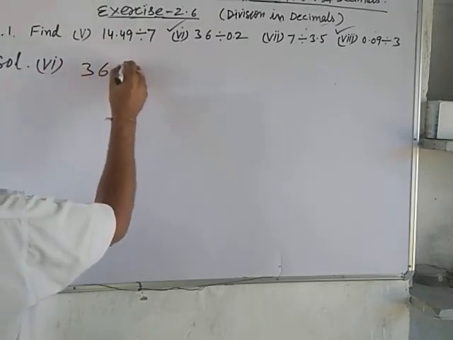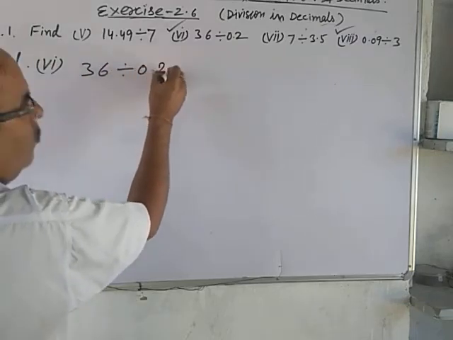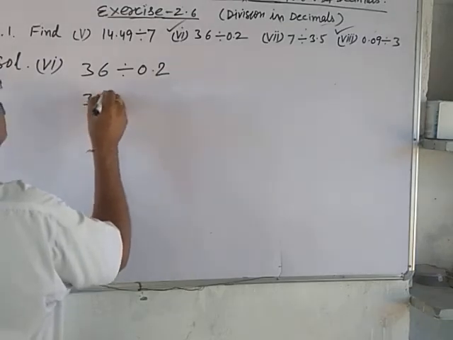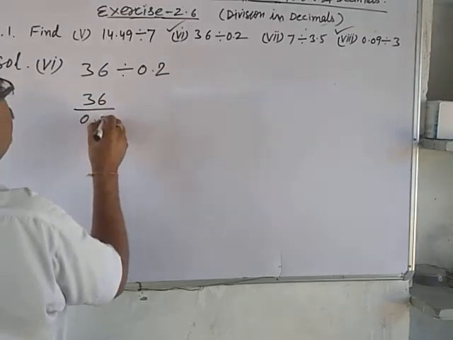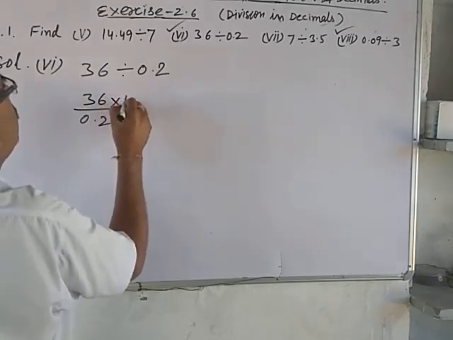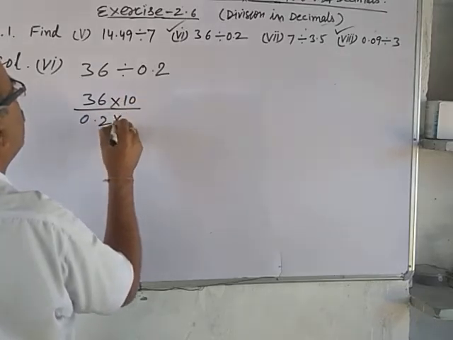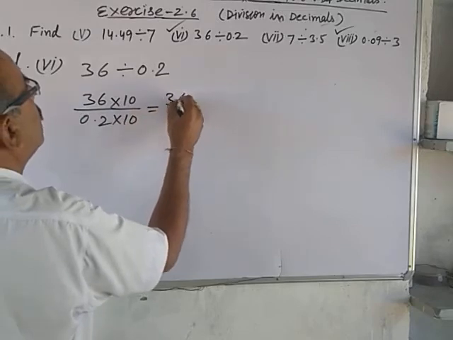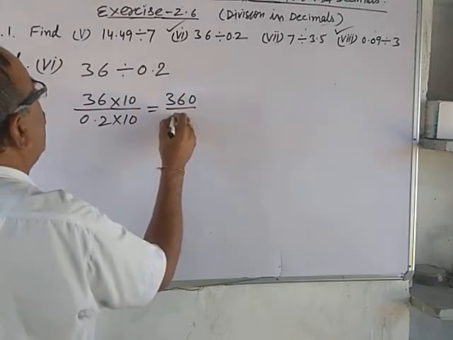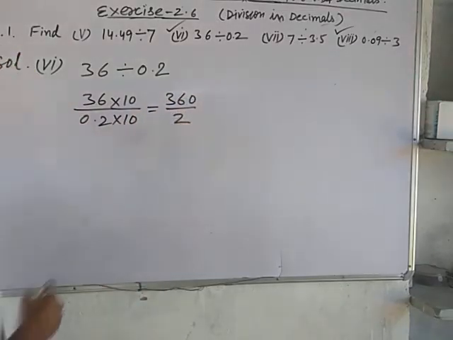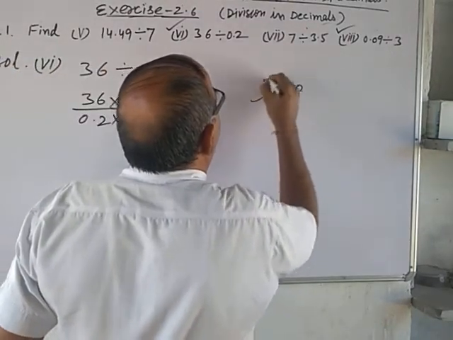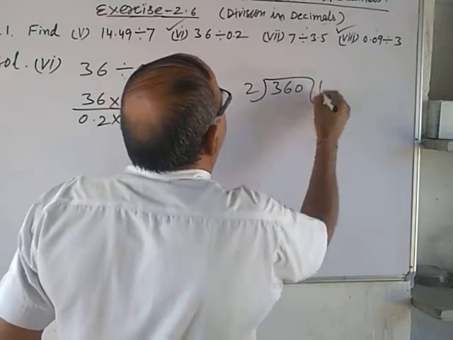36 divided by 0.2. We shall write it 36 upon 0.2 and multiply by 10 with numerator and multiply by 10 with denominator. This becomes 360 and this becomes 2. Now start the division. 2 1s are 2.